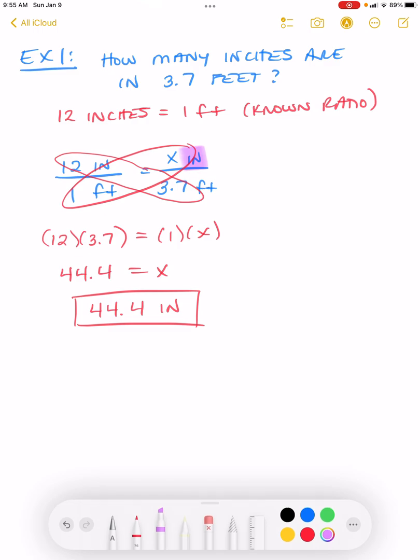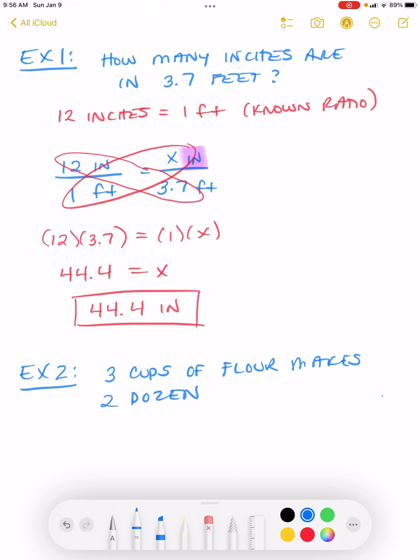Let's take a look at a second problem that you might see on the ratio and proportion task cards. Let's suppose that we know that 3 cups of flour is used to make 2 dozen cookies. All right, I'm kind of shortening this a little bit so we don't have to write out all the sentences.